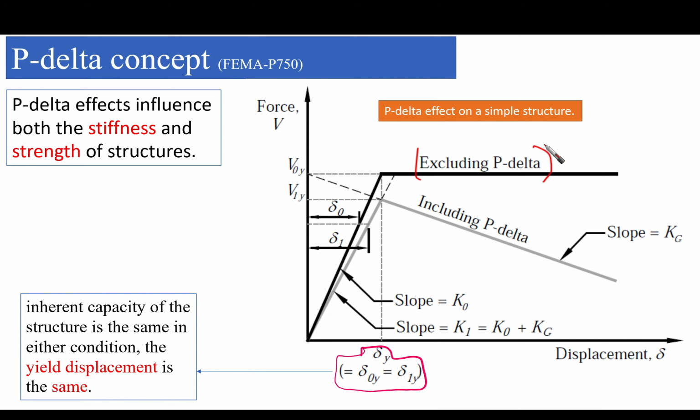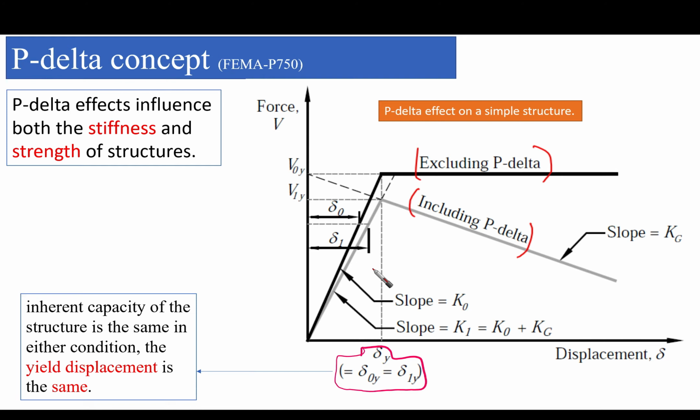So this is what we have observed when we draw the pushover curves of the same building with and without P-delta effect. From here we can build our main concept of P-delta and start to think about it in a different way.